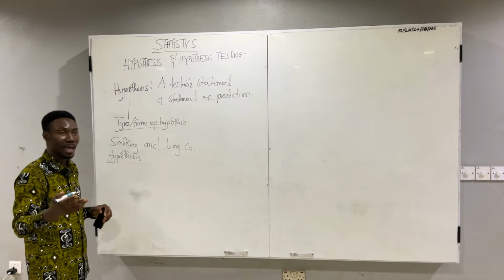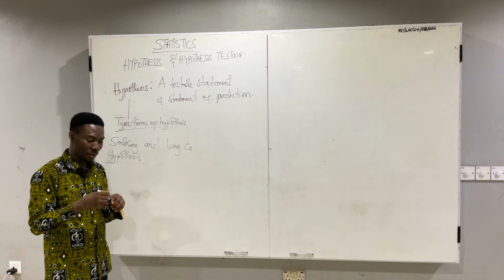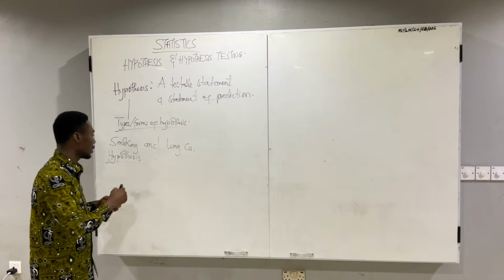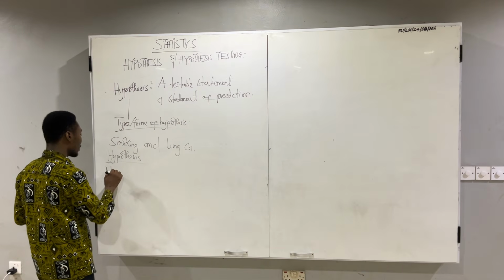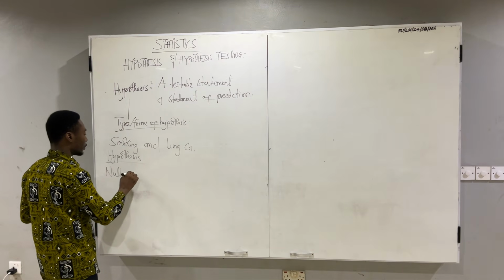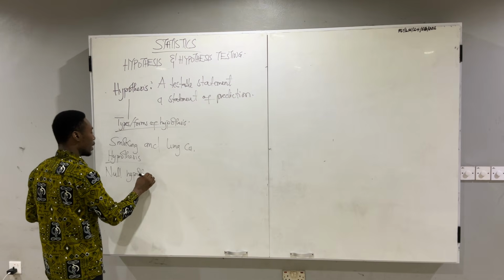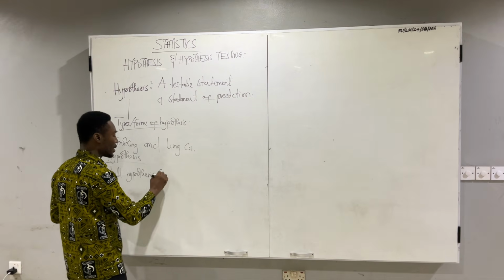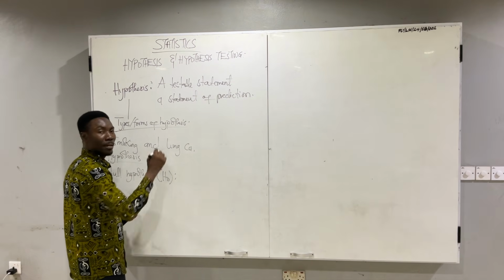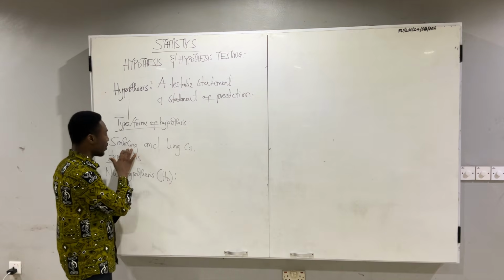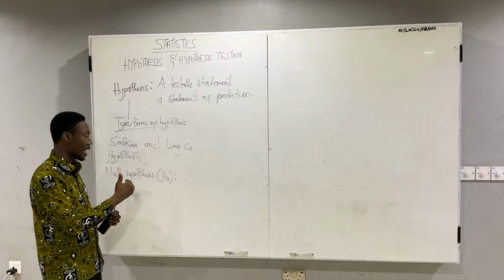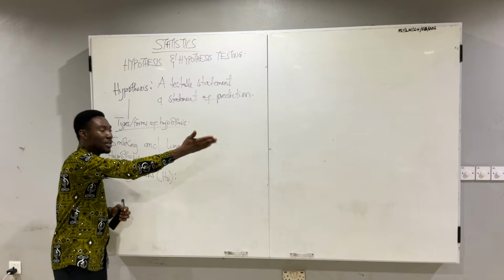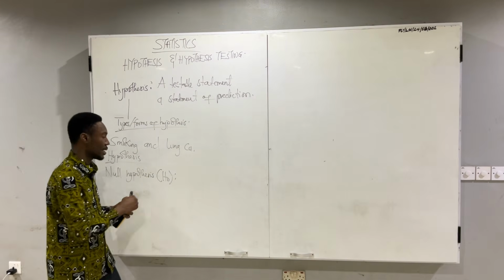You have to remember that once you are asked to write hypothesis, you are going to write two hypotheses. The null hypothesis, you can represent it by H0. Then for the null hypothesis, with these two variables, you are just going to write a statement that there is no relationship between smoking and lung cancer.